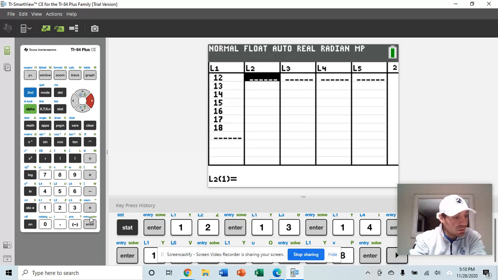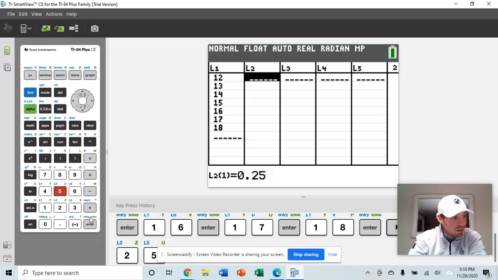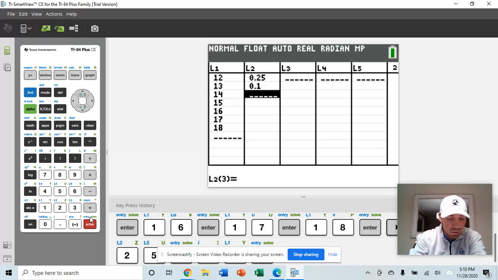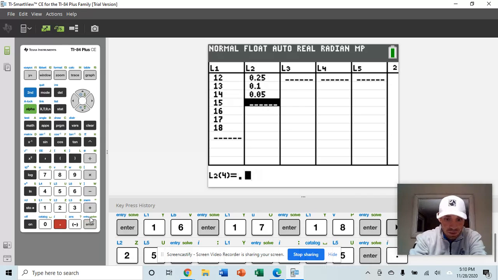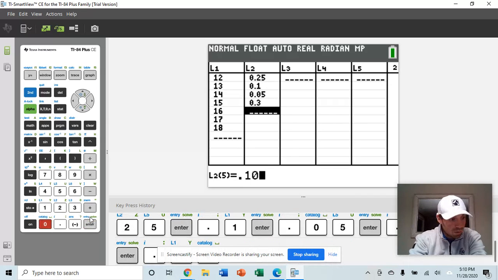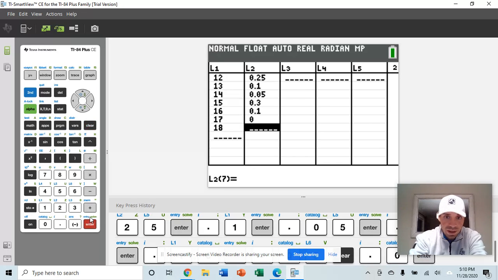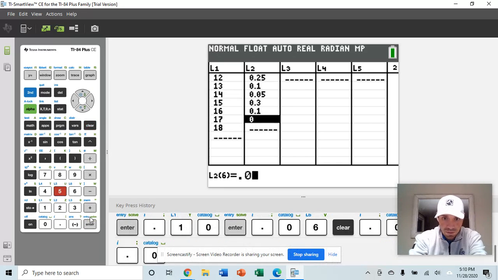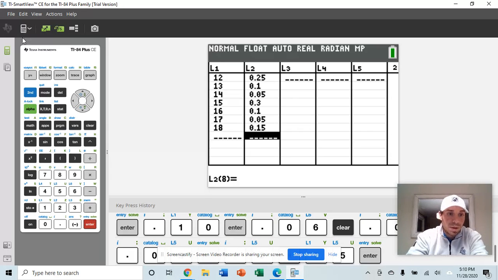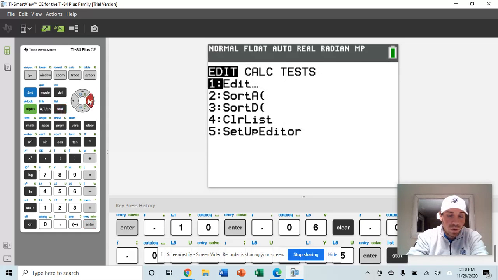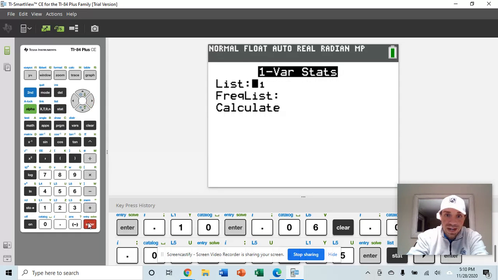And then in L2, the corresponding probabilities for each of those, 0.25, 0.1, 0.05, 0.30, 0.10, 0.05, 0.05, and 0.15. And then remember, we go to stat, over to calc, and one var stats.